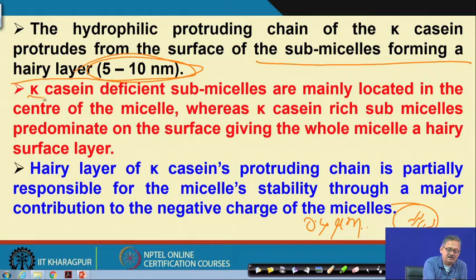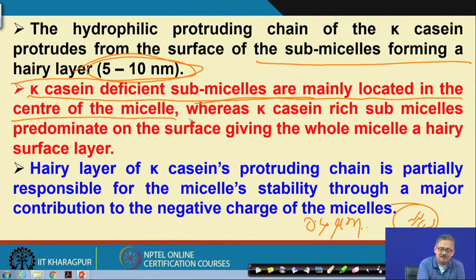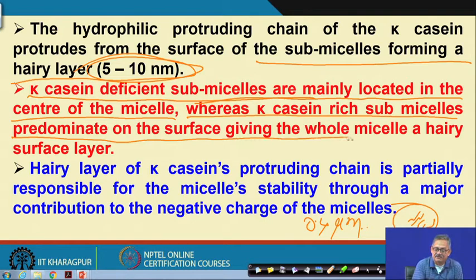Kappa casein deficient sub-micelles are mainly located in the center of the micelle, whereas kappa casein rich sub-micelles predominate on the surface, giving the whole micelle a hairy surface layer, right.